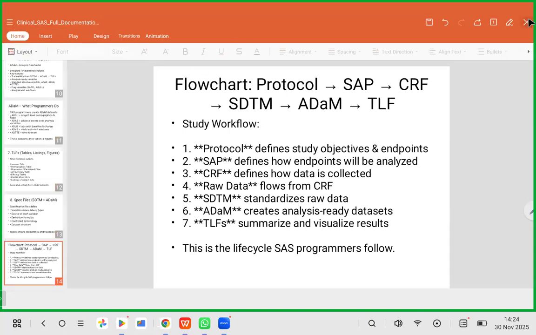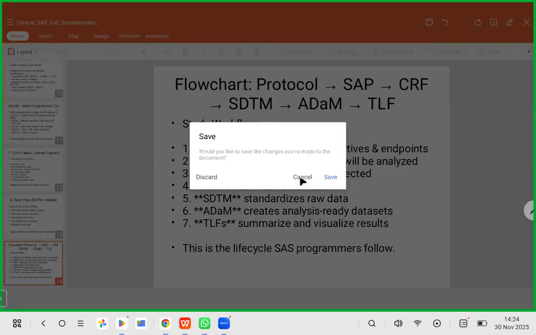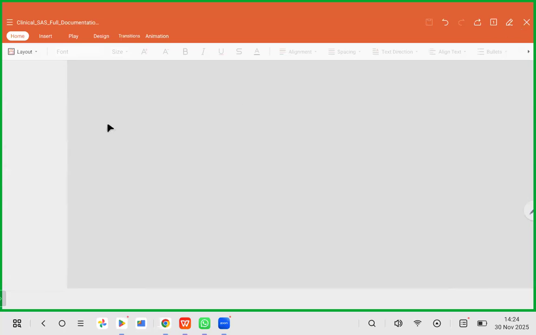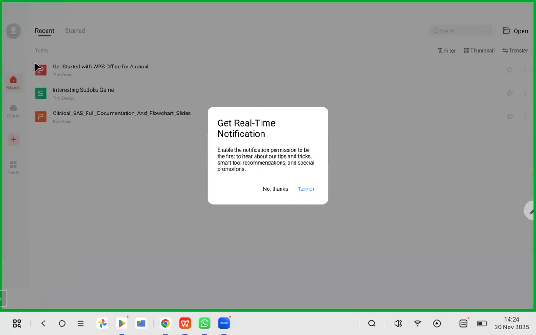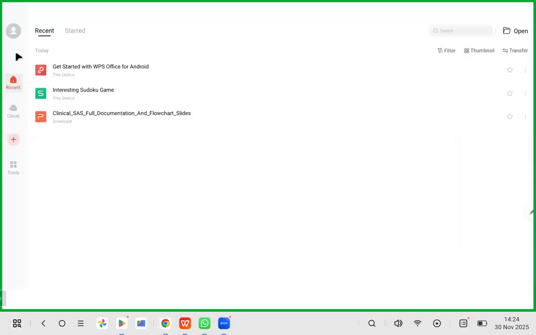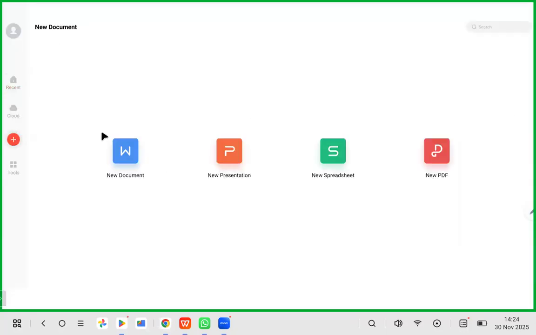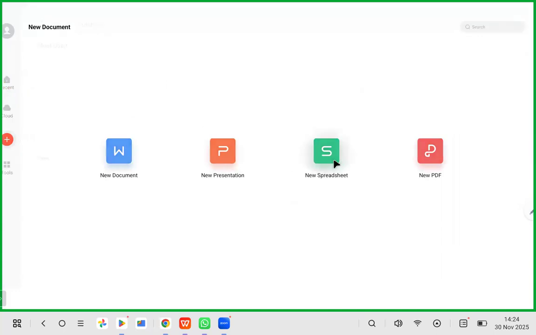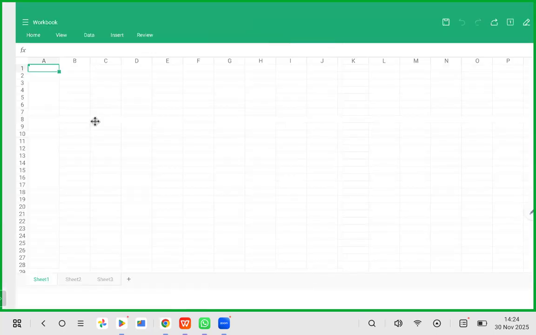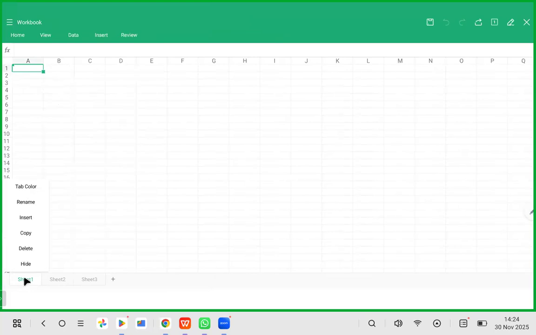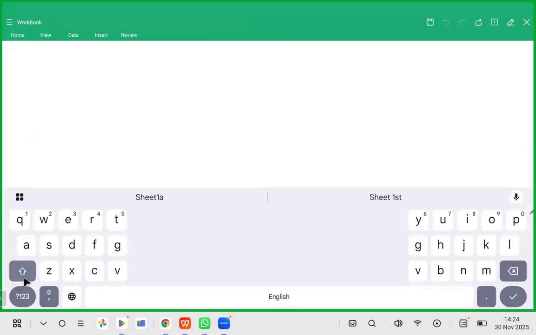Okay, let me close this. I will open one Excel and tell what the need of CDISC is. As I said, in a pharma company, they use the CRF to collect the data.